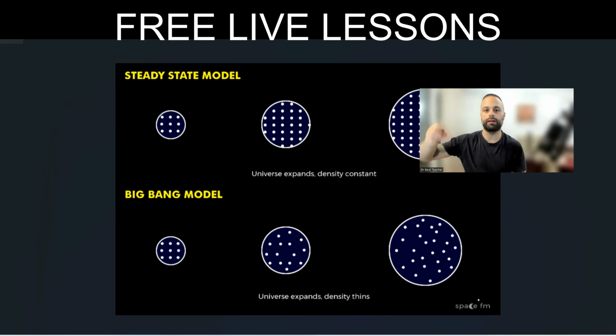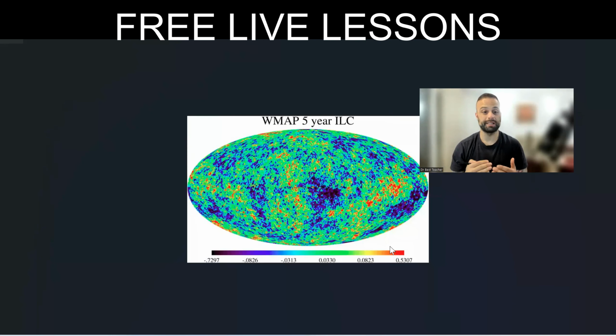If you look at the universe, this image is really good for describing it. This diagram is the cosmic microwave background radiation. Basically, it's the leftover heat from the Big Bang. As the universe expanded, that radiation got stretched out and has turned into microwave background radiation, which is seen all over.